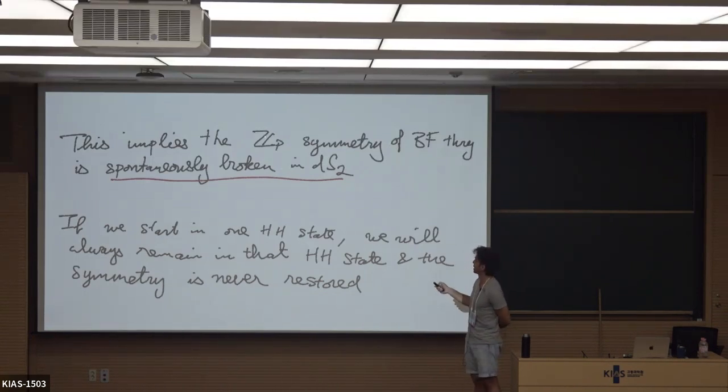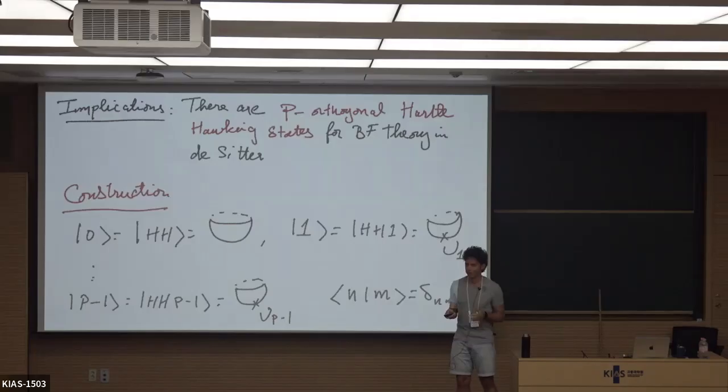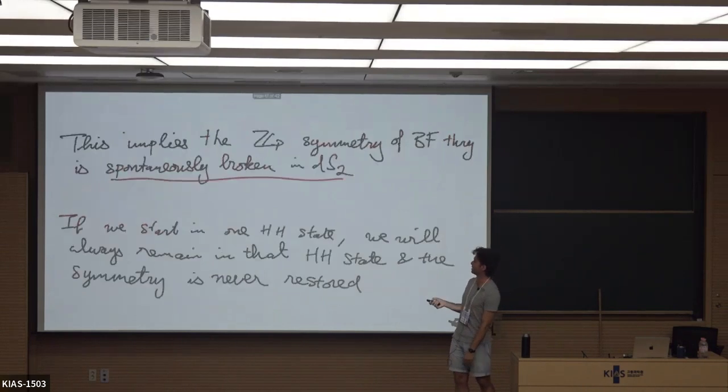That ZP symmetry would then continue under normal time evolution, and there would be no mixing between the states. Often these P independent orthogonal states are called universes instead of states. But the language of symmetry breaking is absolutely the same, and I think there's no difference.